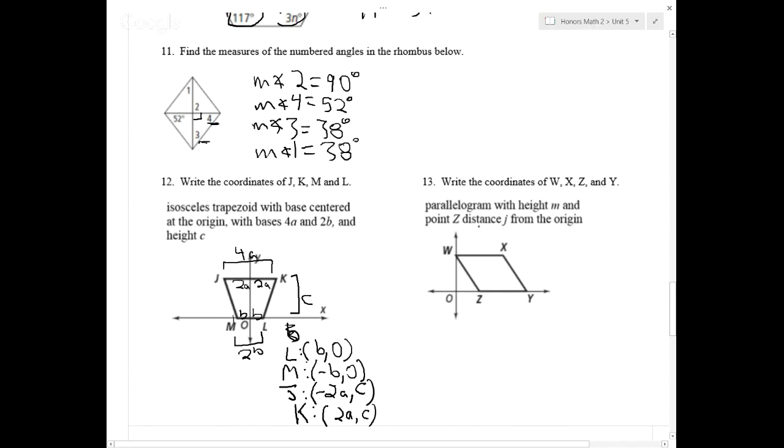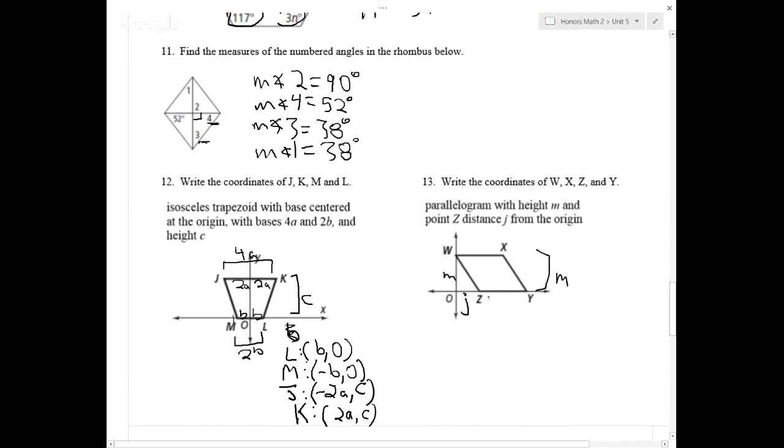Now for 13, we have our parallelogram with height m. So let's label that. Point Z is j away from the origin. So now we're going to find our coordinates here. Now it doesn't look like we have a length here. So we know m and j here.